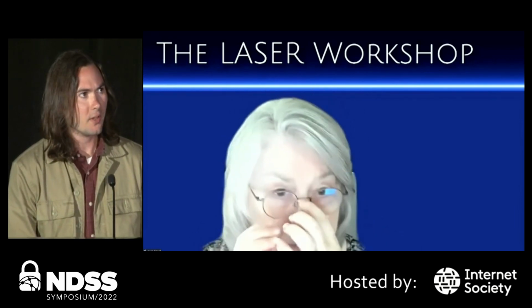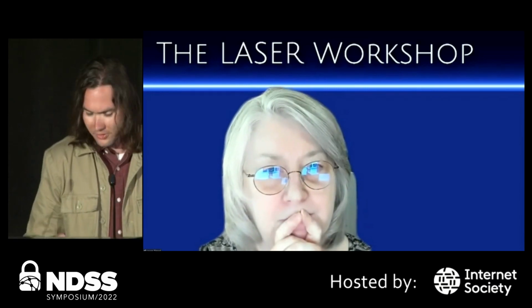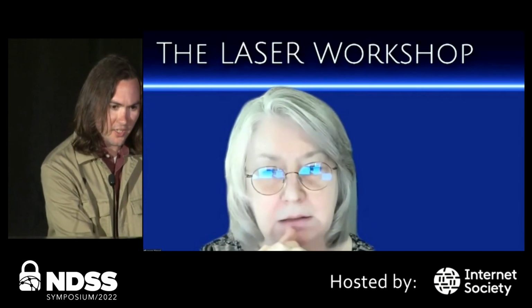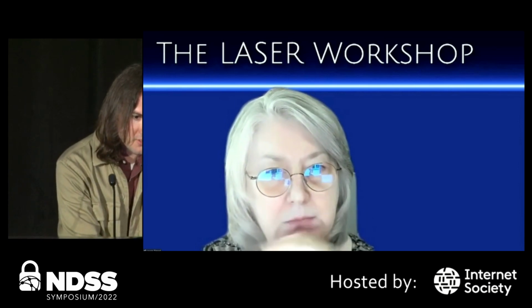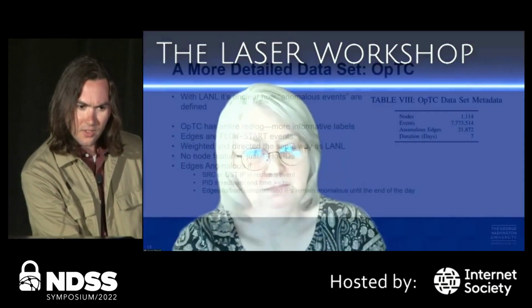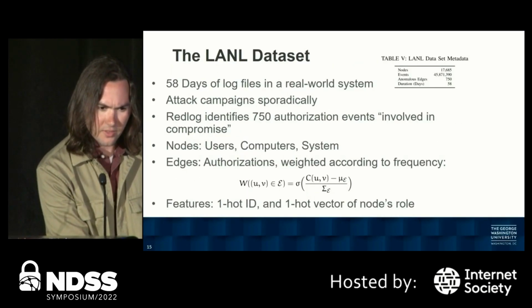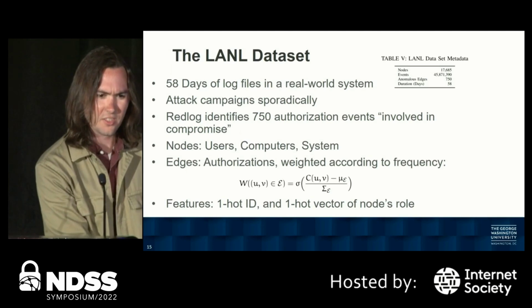That's a good question. I'm not sure. We can at least empirically say OpTC had about 1,000 hosts, or nodes, which are hosts. And LANL had, I think it's in the tens of thousands. So yeah, 17,000.